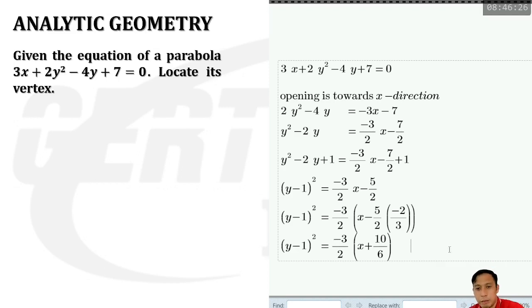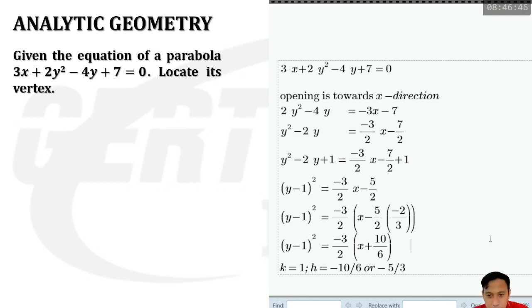So tama, tama. Ito yung parang standard form niya. So we can say that yung k is equal to 1, while yung h is equal to negative 10 over 6, or that is equal to negative 5/3.